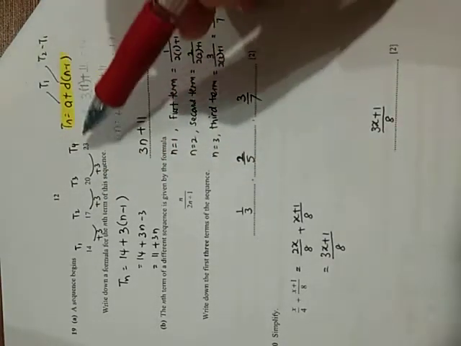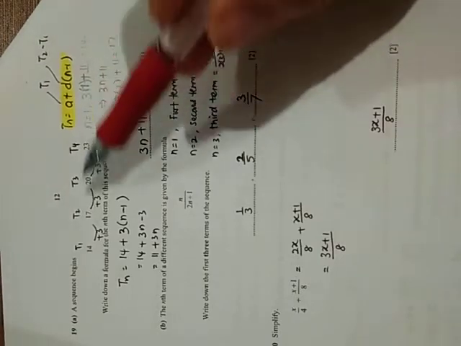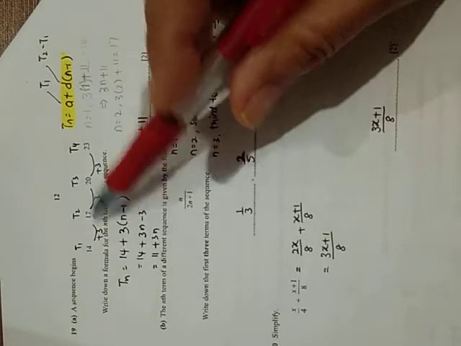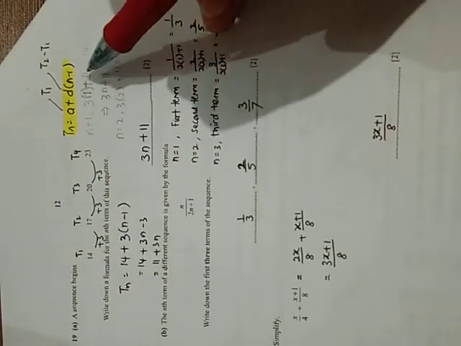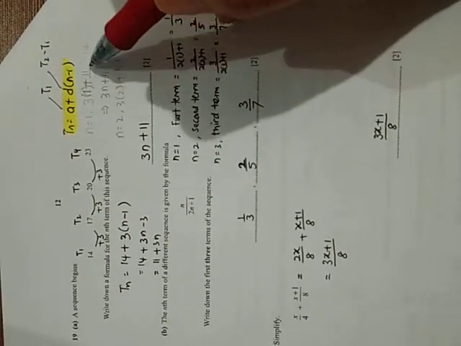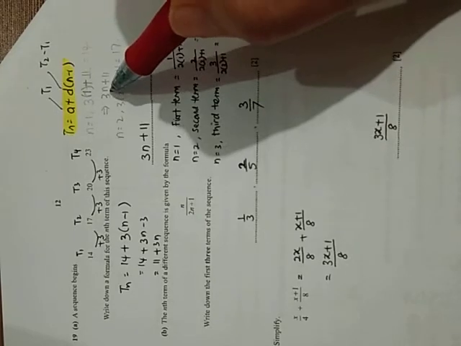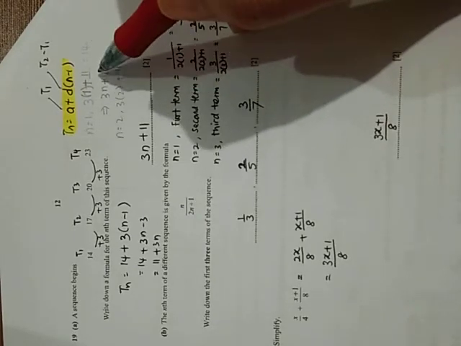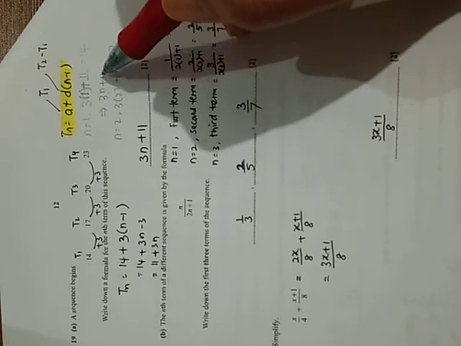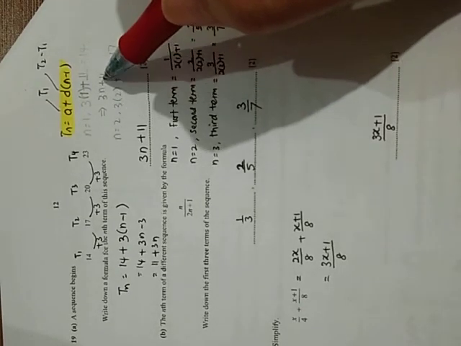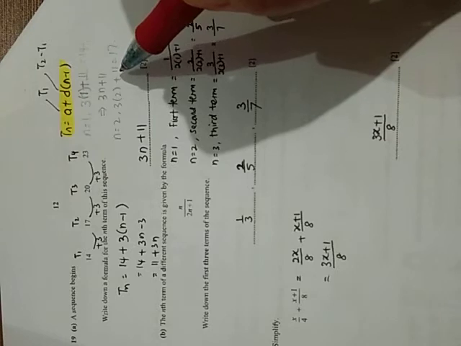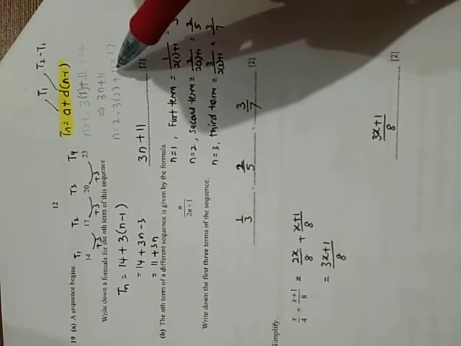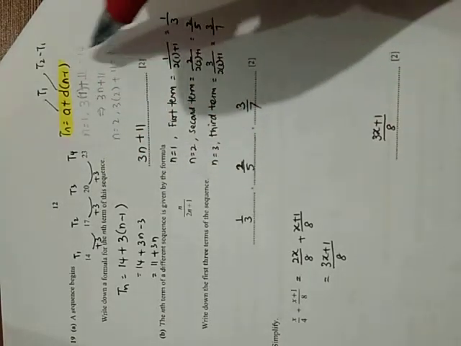So when n equals 1, the difference is 3, so 3 times 1 plus how many to give me the 14? So 3 plus 11. This is my estimation. Then I check whether it applies to my second term. When n equals 2, it's 3 times 2 plus 11, 17. So I think it's correct.